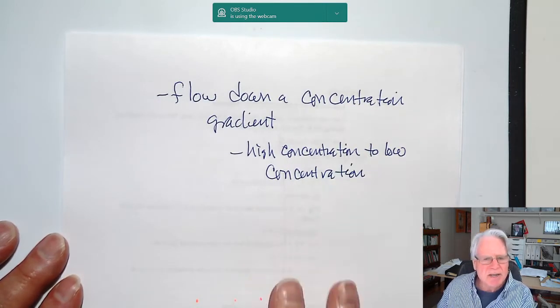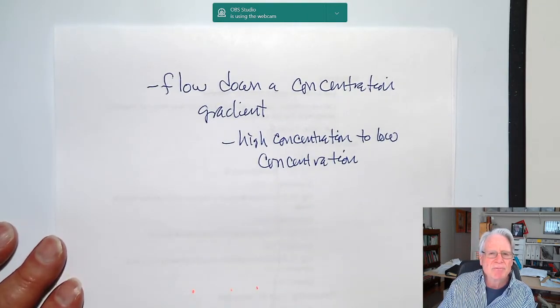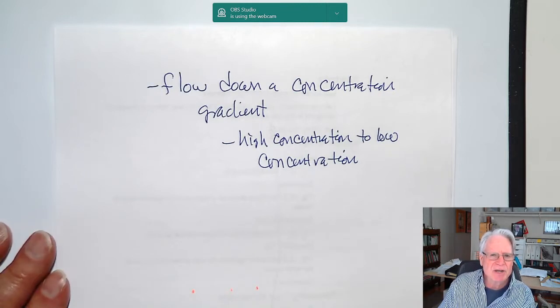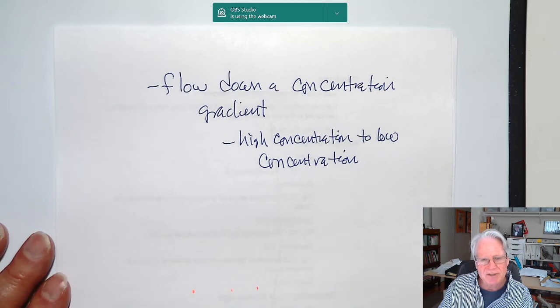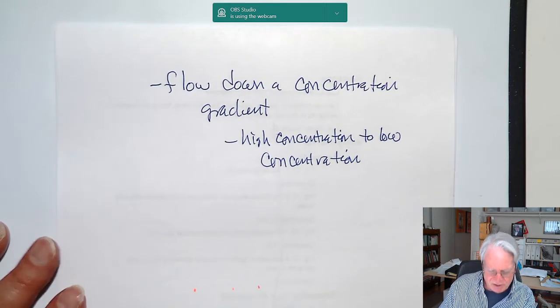And that gives us a number of potential things we can do with that. For example, we could do work. As they move down the concentration gradient, we can get them to move other molecules with them. And we'll talk more about that as we get into the types of proteins that are using this flow from high concentration to low concentration.